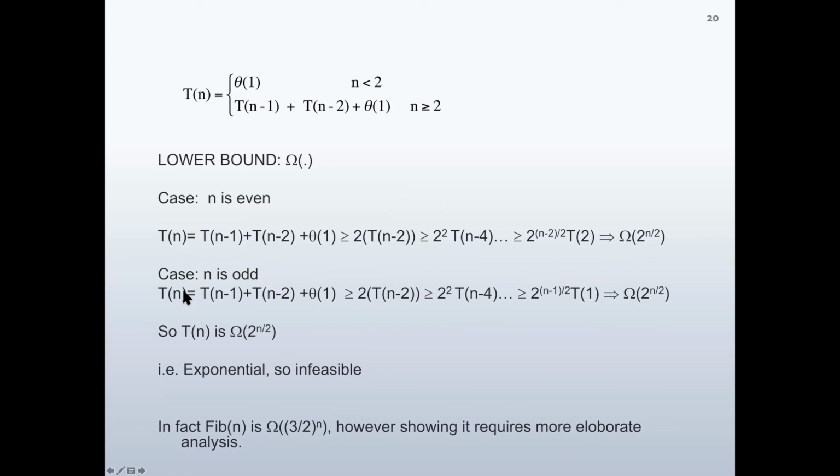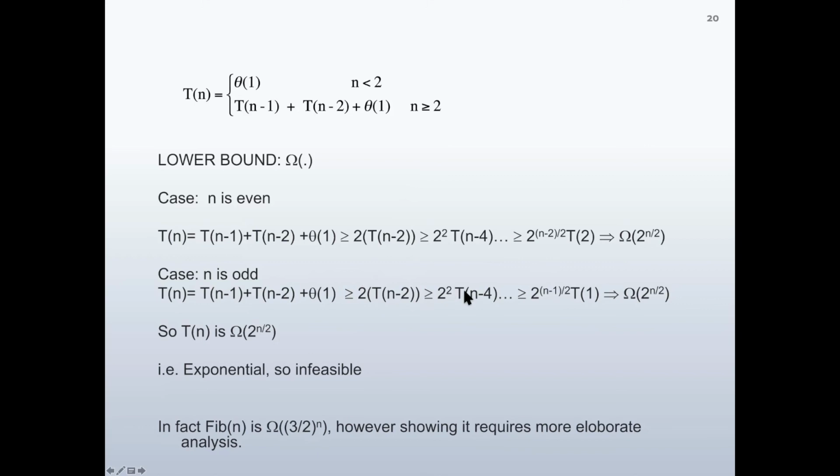If we consider the case n is odd, again we start with T(n). Instead of that, we write T(n minus 1) plus T(n minus 2) plus theta 1 as given here. And we know that it is greater than or equal to, as written here, T(n minus 2) multiplied by 2.